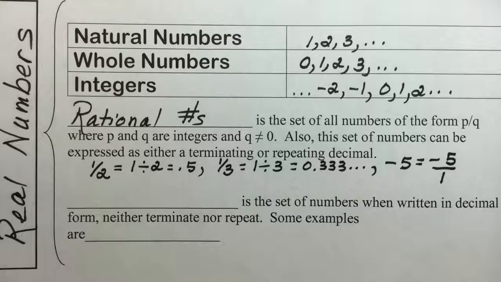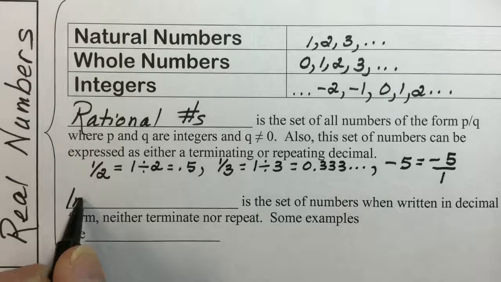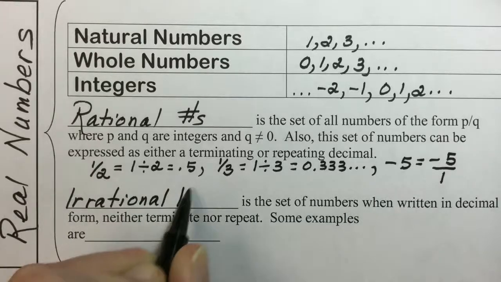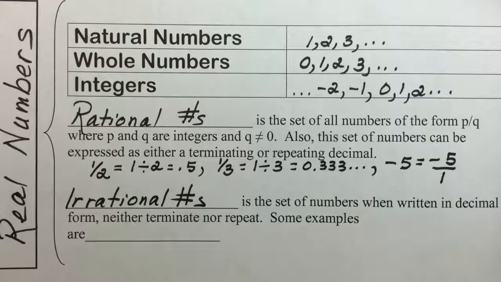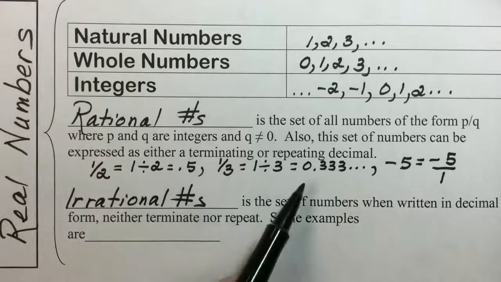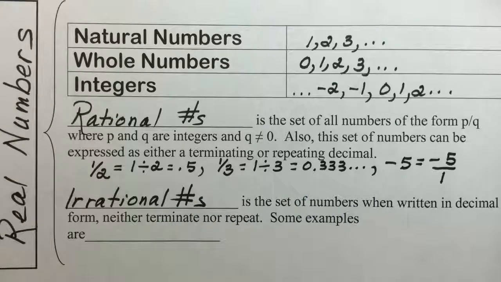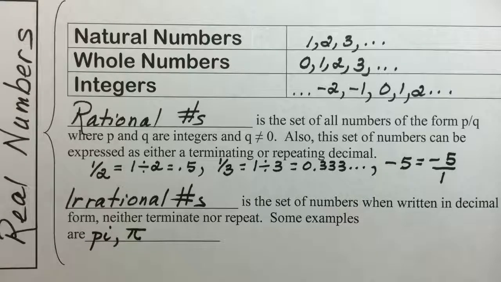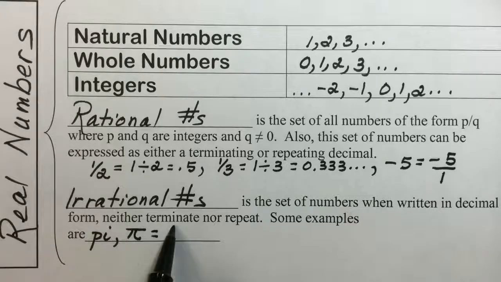A special class of numbers are called irrational numbers, which is a set of numbers that, when written in decimal form, neither terminate, like the examples I have here, nor repeat. Some examples are, the classic is pi, which is the symbol here, and is equal to 22/7.